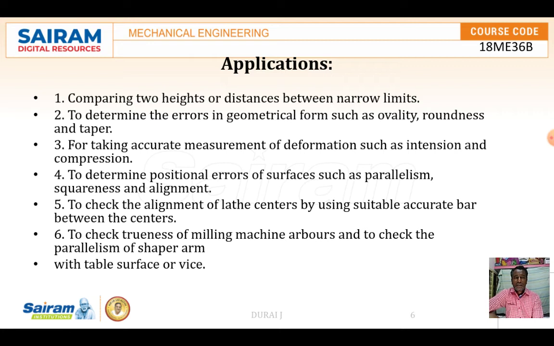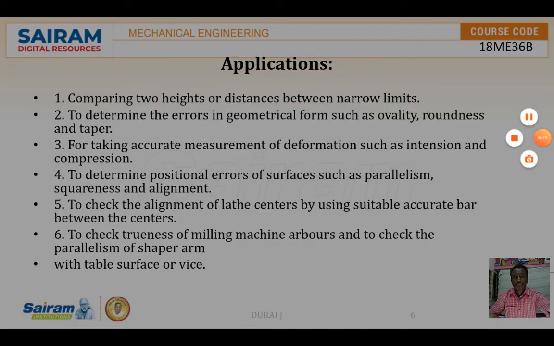Also with the sine bar, it can be used for checking the height, and also checking the flatness of the tapered component. So in various fields, this dial gauge can be used.